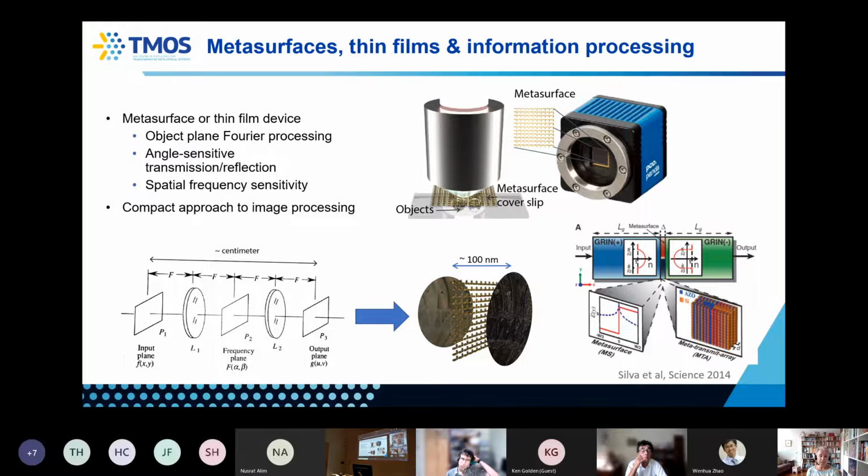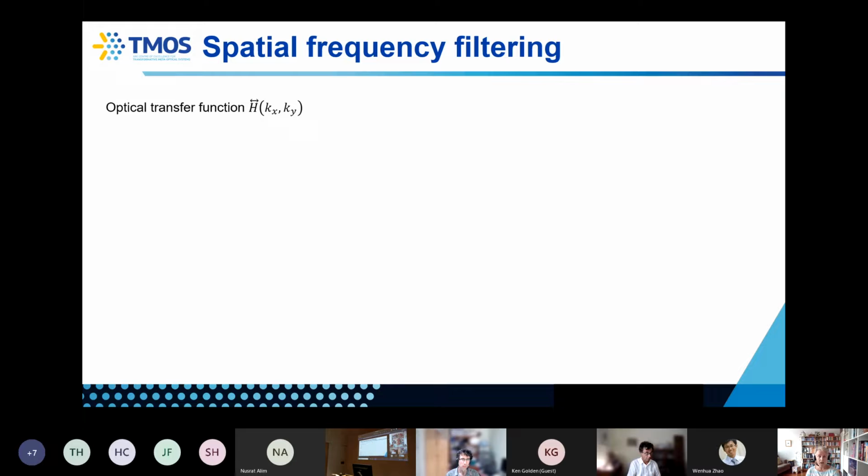And these can be placed in the object or the image plane within an optical system. So, for example, they could be incorporated into a cover slip that is adjacent to some cells, and the device itself would create intensity contrast. The device could also be directly integrated onto a camera chip.